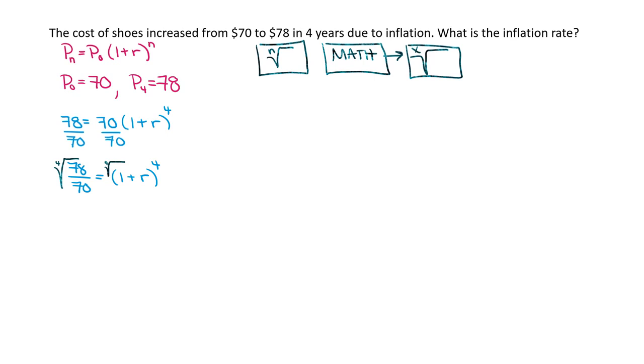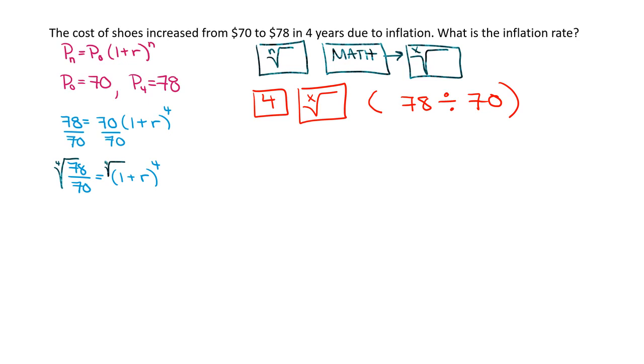For my calculator, I type in the number 4 first, then the root button, and then I have to do parentheses 78 divided by 70. So I've written down on the screen the keystrokes I use for my calculator. Again, your calculator might be just a little bit different.